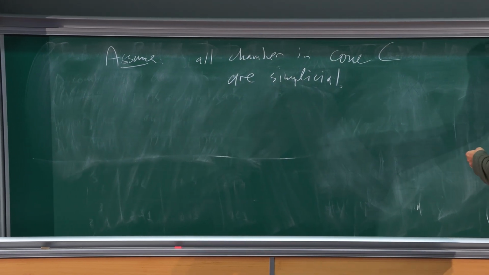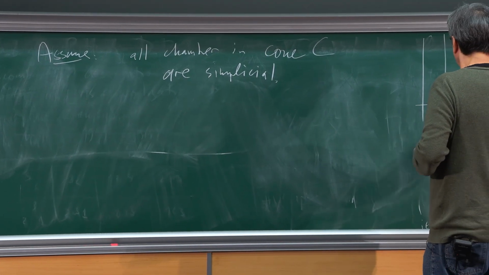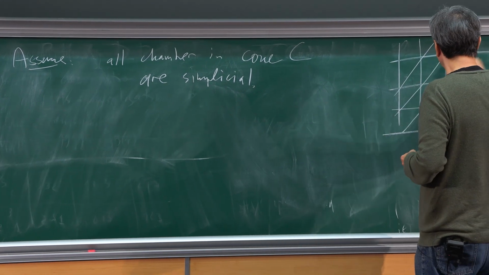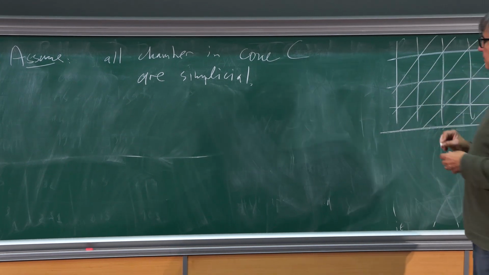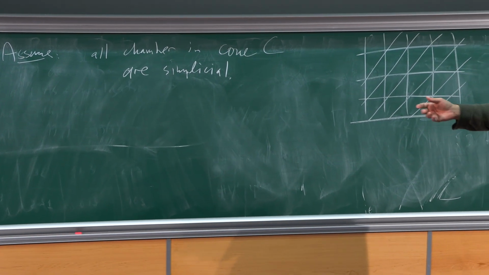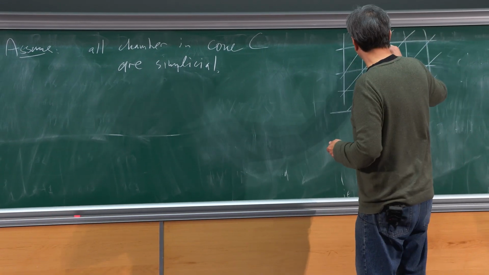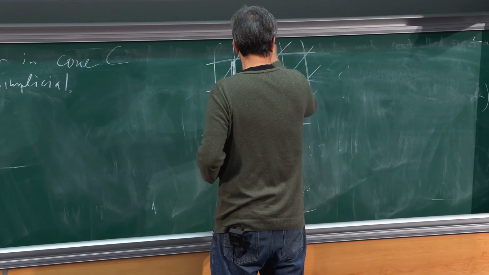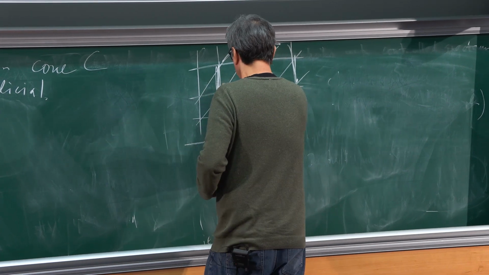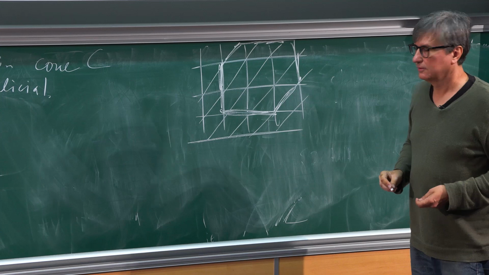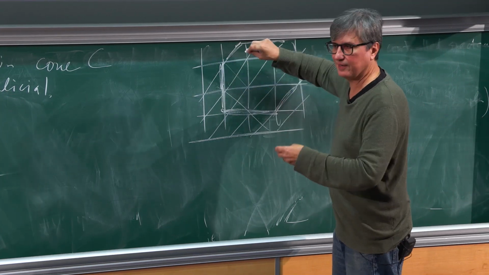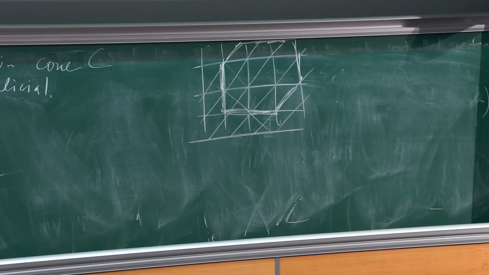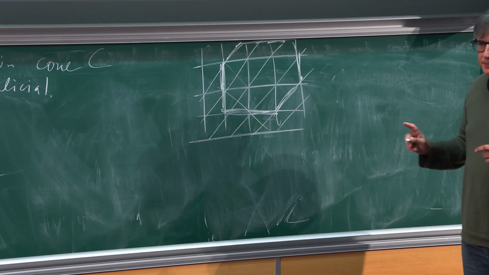For example, you can take an affine Coxeter group, and you take as your domain some kind of convex hexagon, or maybe other examples. These are very special things where you get simplicial decompositions.